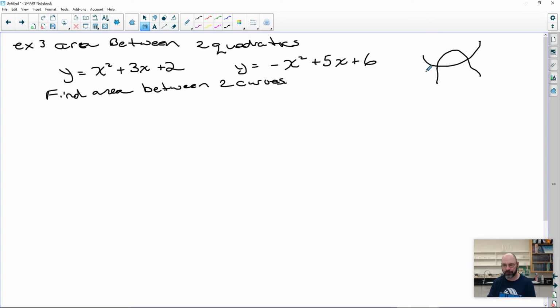So more than likely we're going to have the negative quadratic and the positive quadratic, x squared plus 3x plus 2, on the top here like this. So the upper limit is going to end up being this negative quadratic, and the lower limit is going to be the other one. If we're not sure, you're like, I don't know for sure, here's what you do.